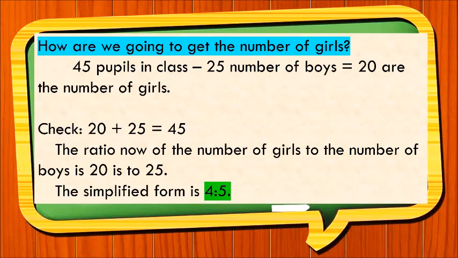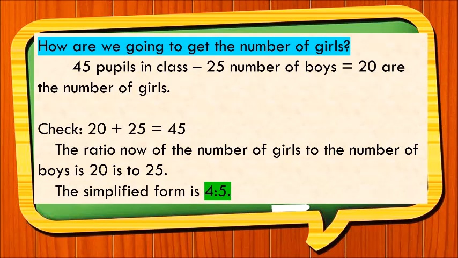Then the next one is simplifying the ratio. So how are we going to simplify 20 is to 25? Again, the first step, write the ratio in fraction form. Then the second step is to list down the factors of 20 and 25.